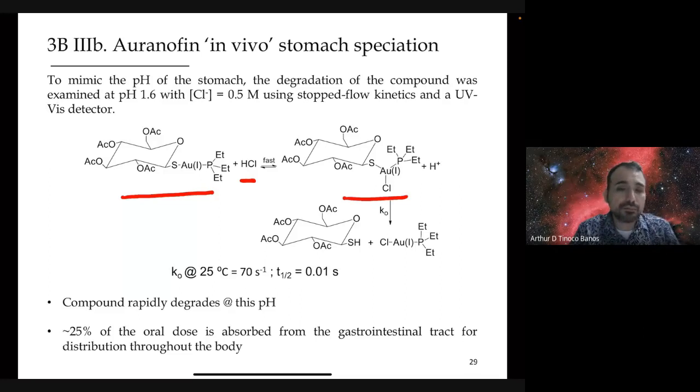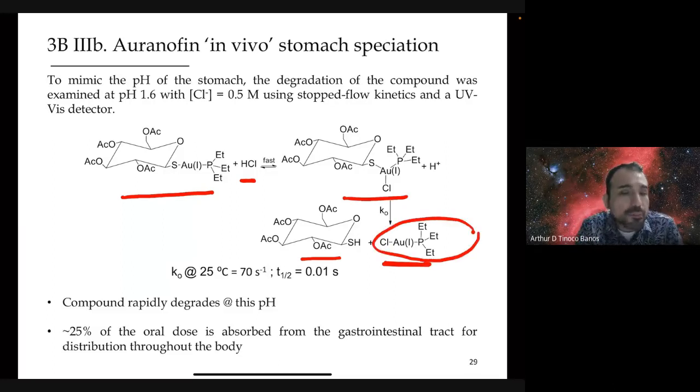That process of association leads to dissociation of the thioglucose. And so now you have a rearrangement of the compound such that you no longer have the thioglucose component, you only retain the gold phosphine component of that compound. This is observed at this acidic pH. So this is a rapid degradation of the complex, only retaining the phosphine component.